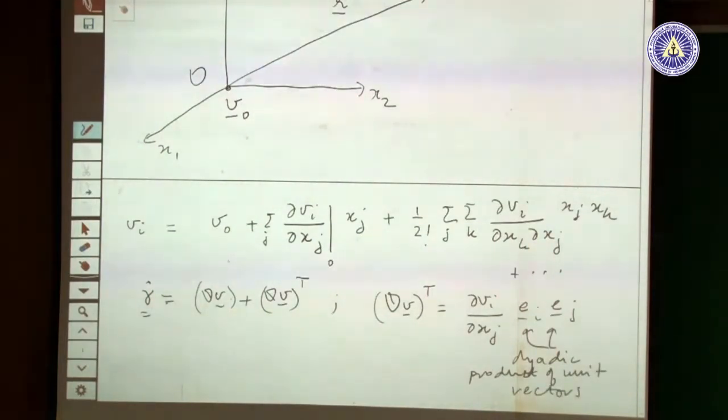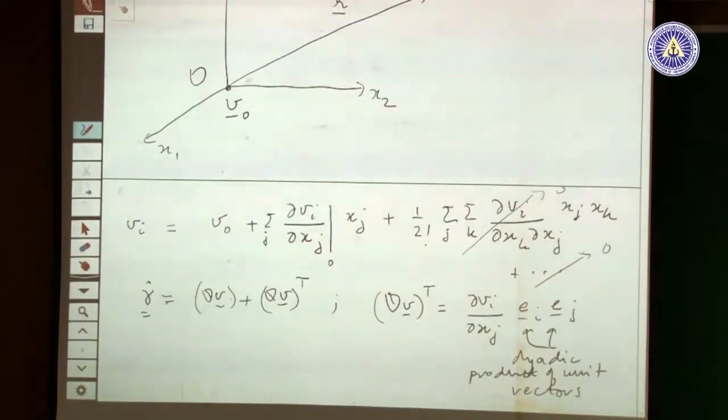Okay. So if this is independent of space, then if you take its derivative, it's going to be 0. Which means this term and all higher order terms will be 0, they don't vary with space.